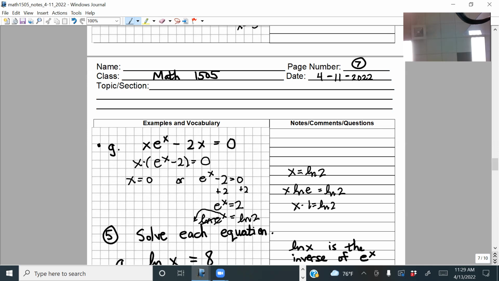But anyway, you still come up with this answer, x equals natural log of 2, and then you can use your calculator, right, to get a decimal approximation for the natural log of 2. That's kind of a useful number to have calculated. 0.693. Yeah, that number shows up a lot, natural log of 2. And it's approximately 0.693. Okay.